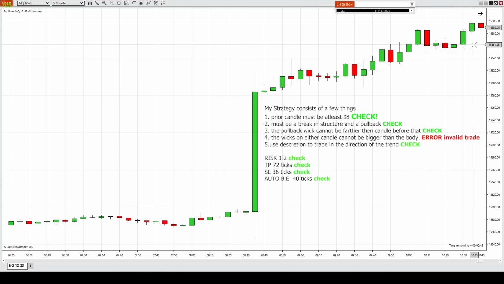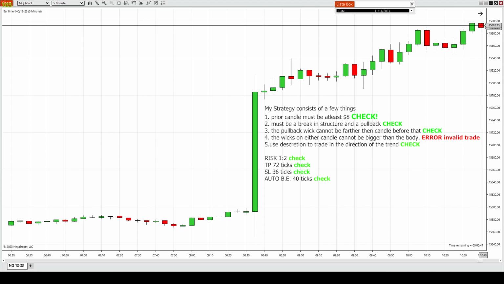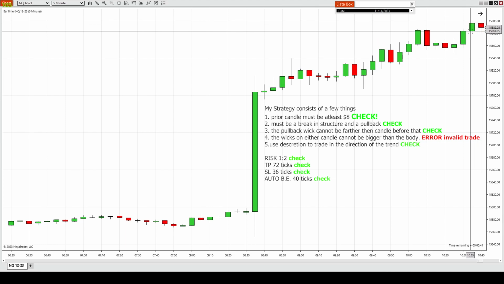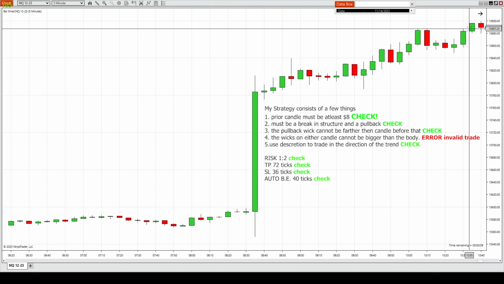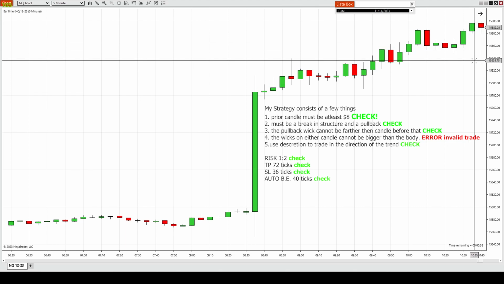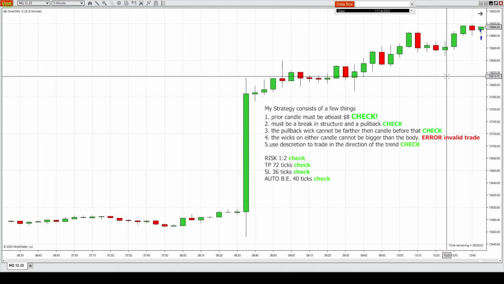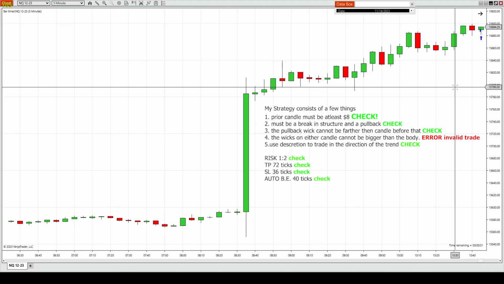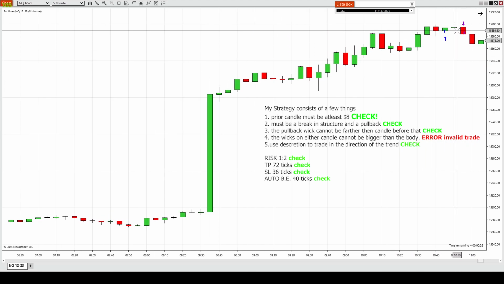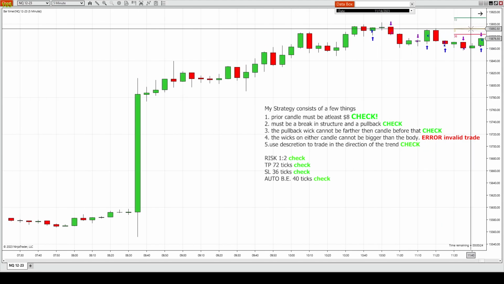But now the next thing we have to look at is whether the wick on the previous candle, which is this candle right here, is greater than this candle over here. If it is, then we do not enter the trade no matter what. So clearly my first setup shouldn't have gotten this regardless. Price did end up moving up, but shortly after it came down.